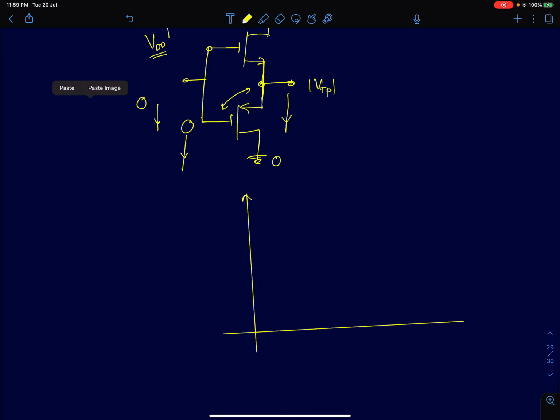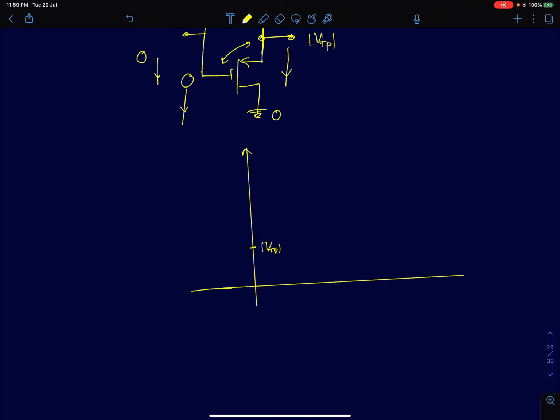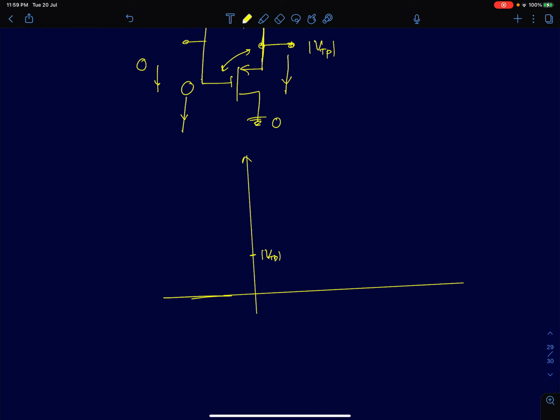We said if your input was 0, we were at mod VTP. But now I'm saying we can decrease input further. It's going to be in saturation because it's always 1 VT lower. So the input will decrease, output will decrease.